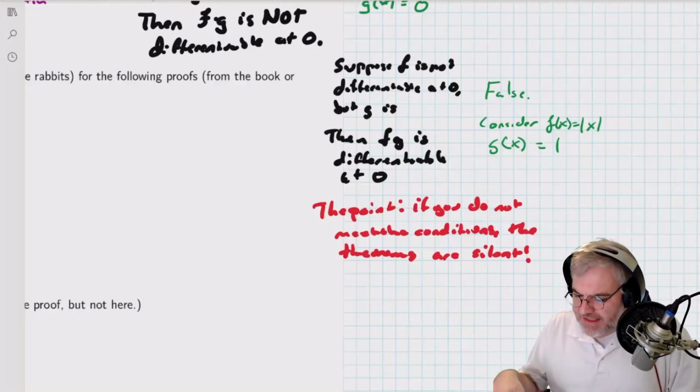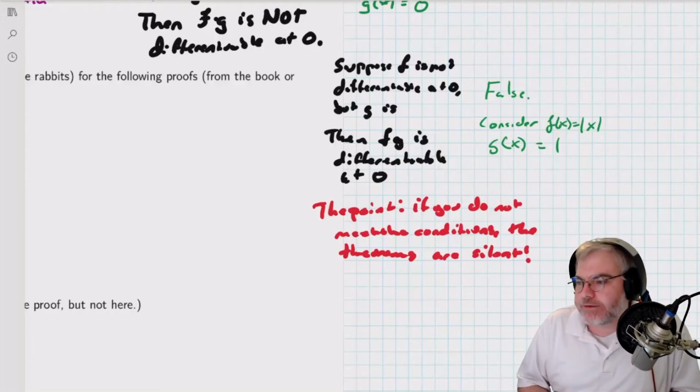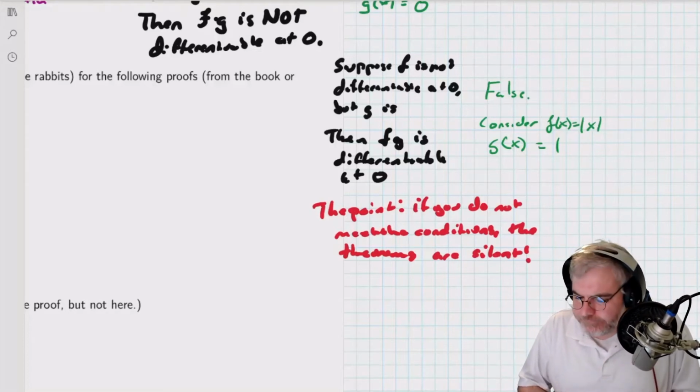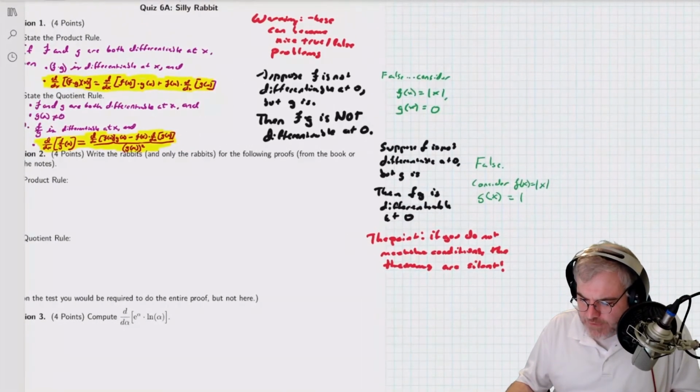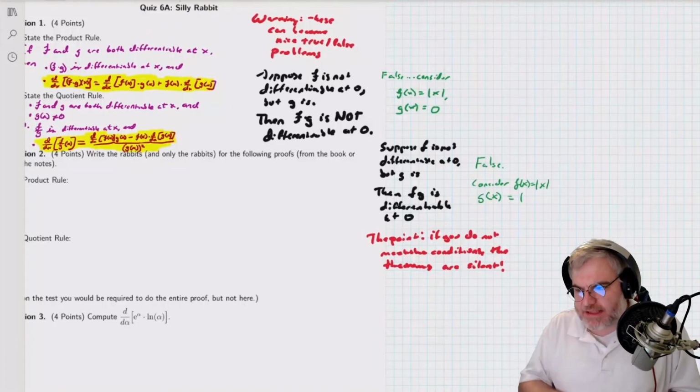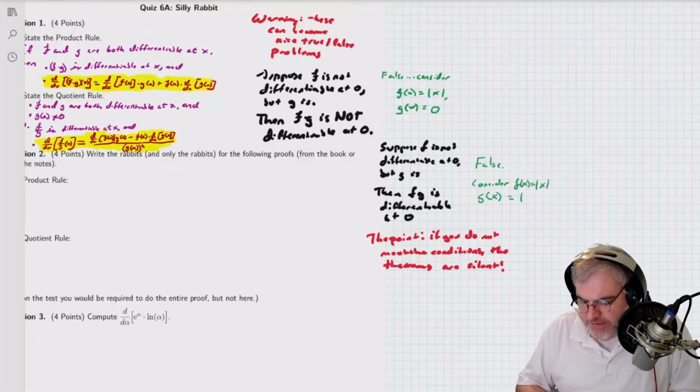It's not the case that FG is differentiable. I just don't know. It could be. So that's just a thing to keep in mind, that these things can become true-false problems pretty easily.